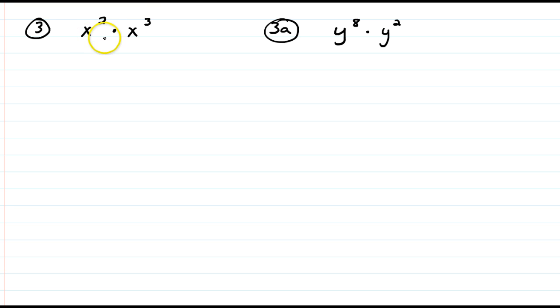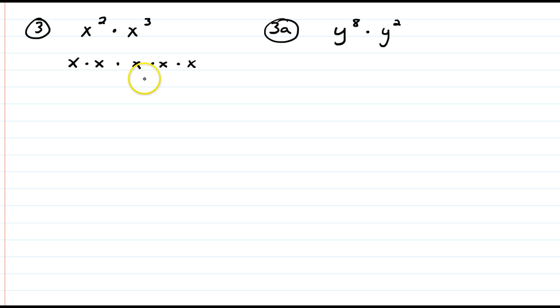All right, our next property we're going to learn is when we multiply with the same base. So they both have the base of x. Here we have x squared, which really just means x times x. And here we have x cubed, which really means I have 3 x's.